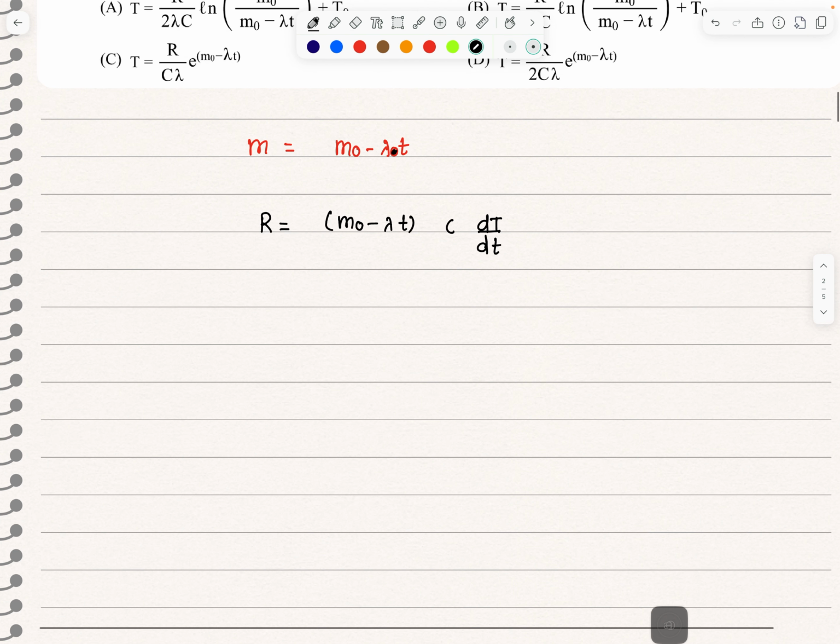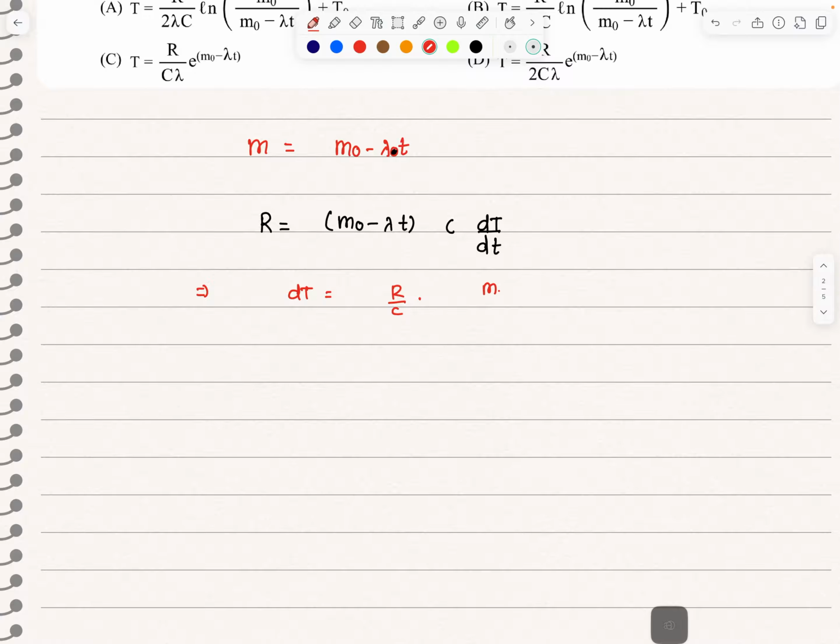Now if you see, there are two variables. One is temperature, second is time. So we can easily integrate this part. So we can write dT equals R by C into dt divided by m0 minus lambda t. Now we are integrating this part. At t equals 0, the temperature is T0.